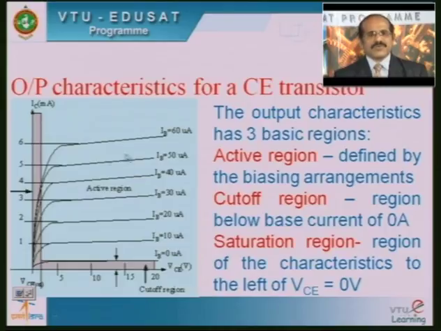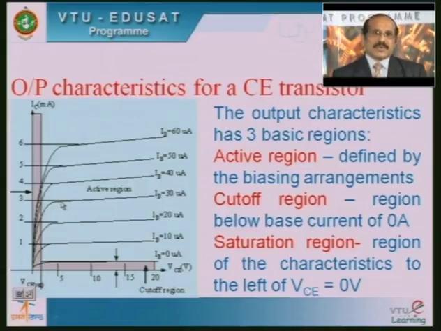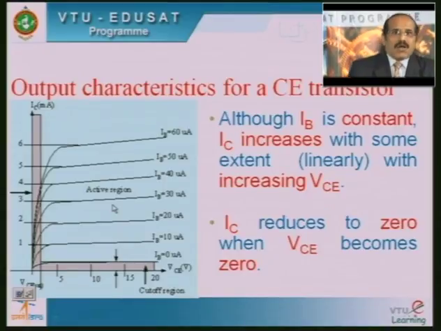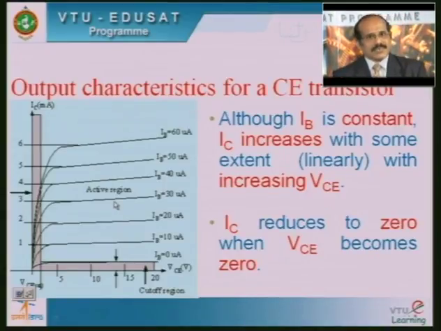Here also, please note that the curves are almost linear in nature. Another point is that, compared to the common base transistor, you can note that the curves in the active region have a slope. The slope is more pronounced in the output characteristics of the CE transistor compared to that of the CB configuration.